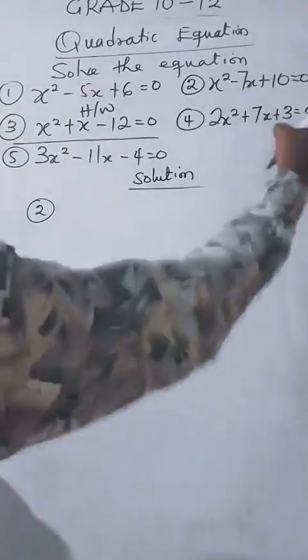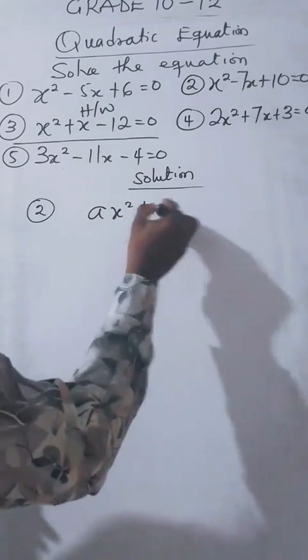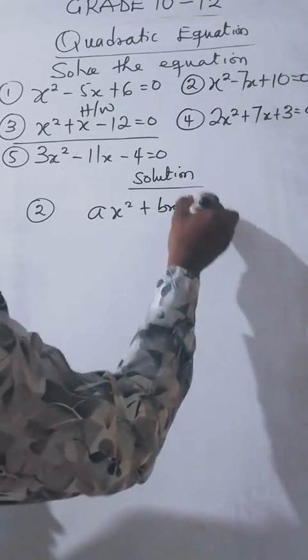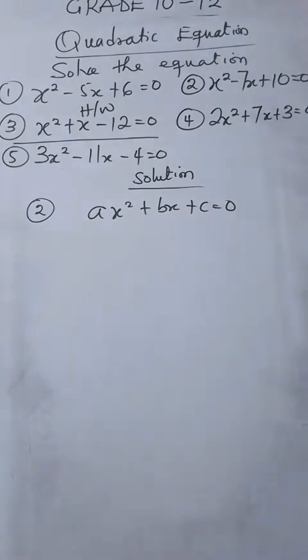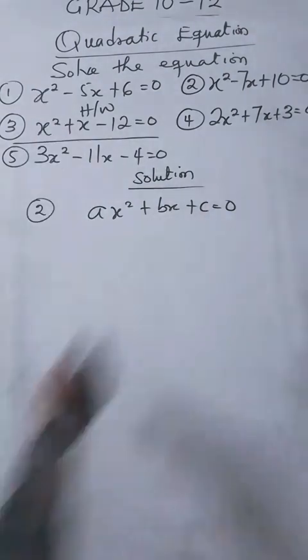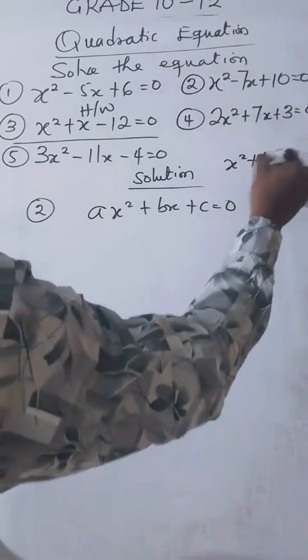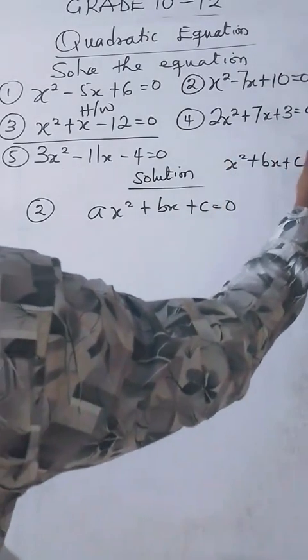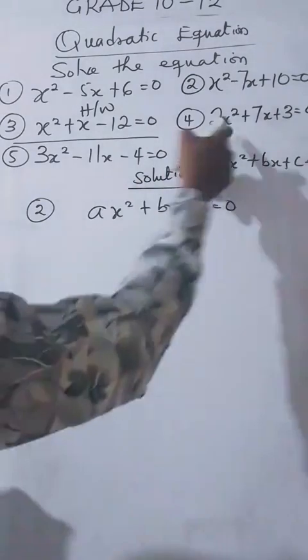Then let's work the quadratic type which is ax squared plus bx plus c equals 0, where we have a coefficient for the x squared, and how do you work it. The earlier type is where we have x squared plus bx plus c equals 0, and we have worked two examples. Now we want to look at this type.